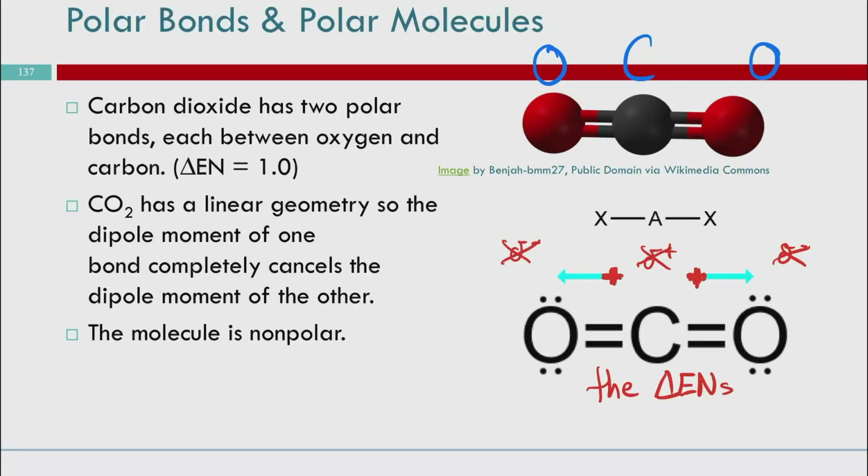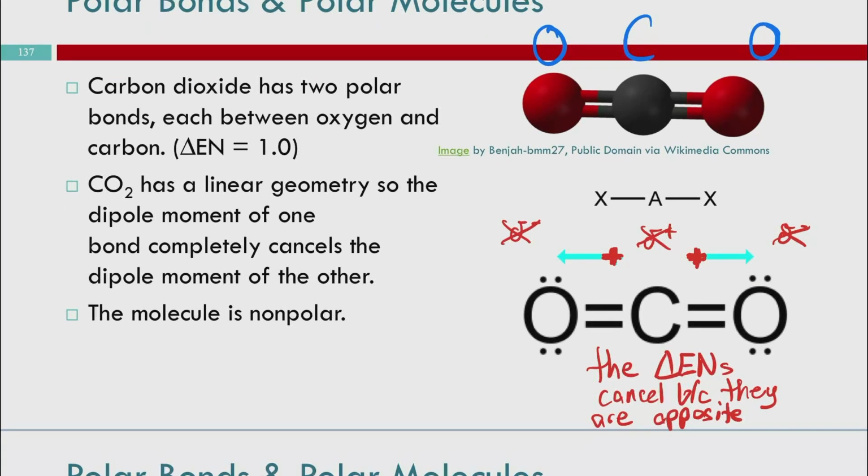So the differences in electronegativity cancel out, since they are opposite in terms of their direction, and it's the same strength. So this is that case of big people on the outside, little person in the inside. That's what we're looking at here, but with pulling electrons instead of pulling a rope, a tug of war. So even though it has polar bonds, it's nonpolar.